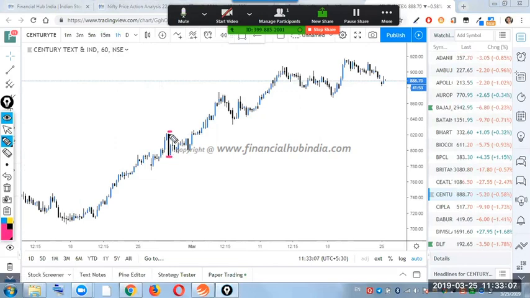The major sell-off we can see in the script for the first time after a move from here to here. That's a long move, let's say move from 15th Feb to 27th Feb, so around 10 days of move, and then we got the large sell-off.